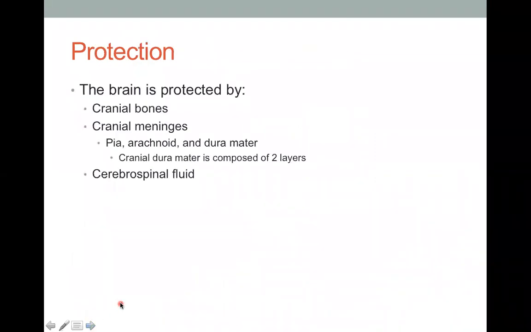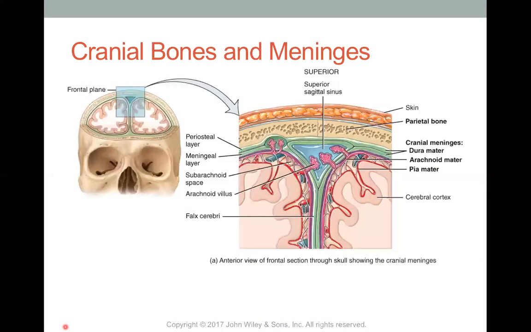Our brain is protected by the cranial bones, the cranial meninges, and cerebrospinal fluid. Here you see the cranial bones and the cranial meninges.